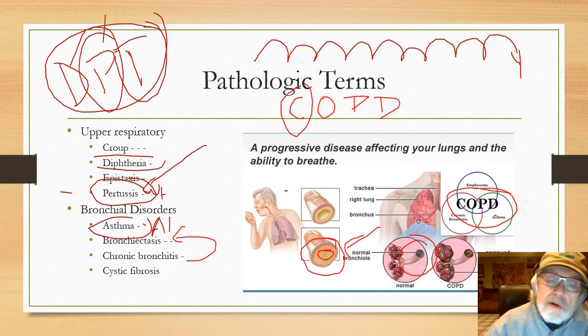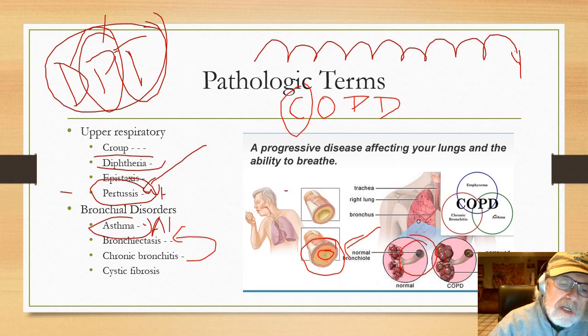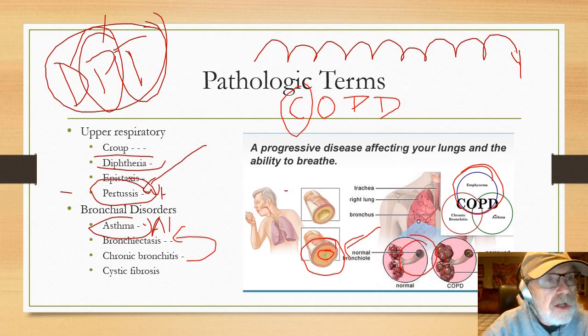Chronic bronchitis is one of three things that make up what's called chronic obstructive pulmonary disease. The other one we'll talk about is emphysema. Emphysema is actually a lung-destructive disease. Those alveoli lose their form and become large air bubbles inside the lungs, which actually do nothing. And then we put asthma in there.